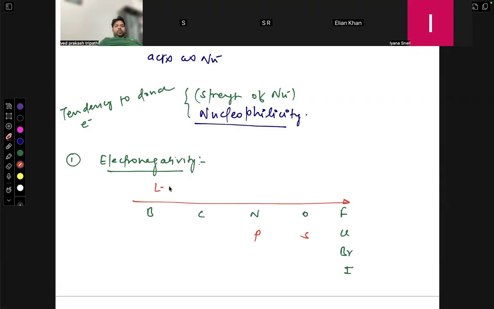Yes, on moving left to right, electronegativity increases. Okay, very good. Could you please tell me what is the definition of electronegativity? Means what is the concept of electronegativity? What is basically electronegativity? Anyone can tell me?